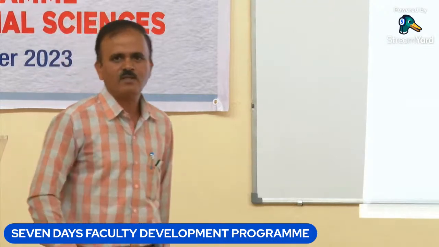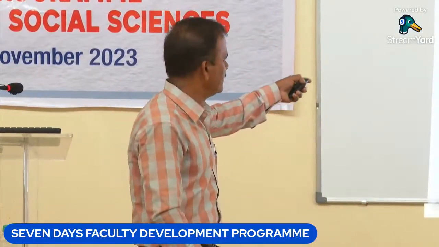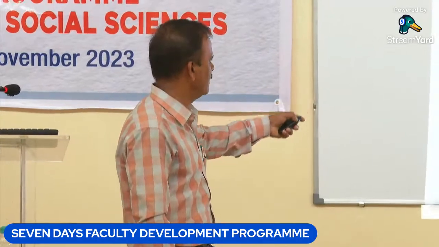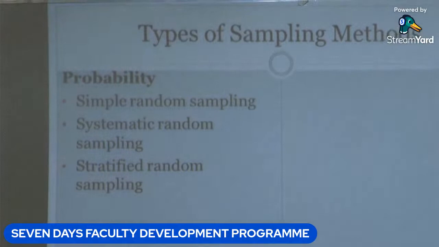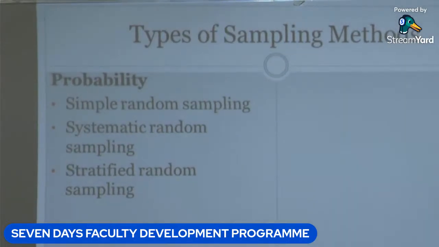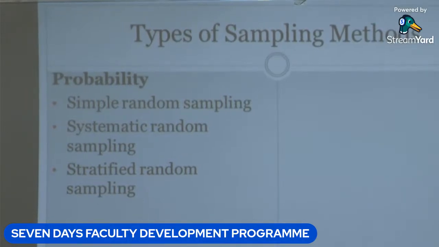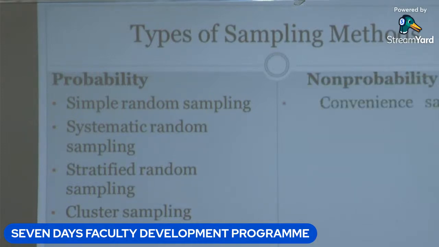Within this broad classification, there are different methods of probability and non-probability sampling. Under probability sampling, the first one is the simple random sampling method. The second one is the systematic random sampling method. Then the stratified random sampling method, the cluster sampling method, and also the multi-stage sampling method.